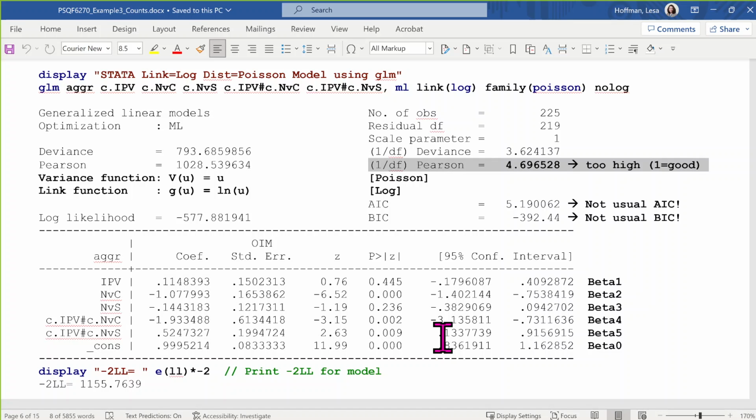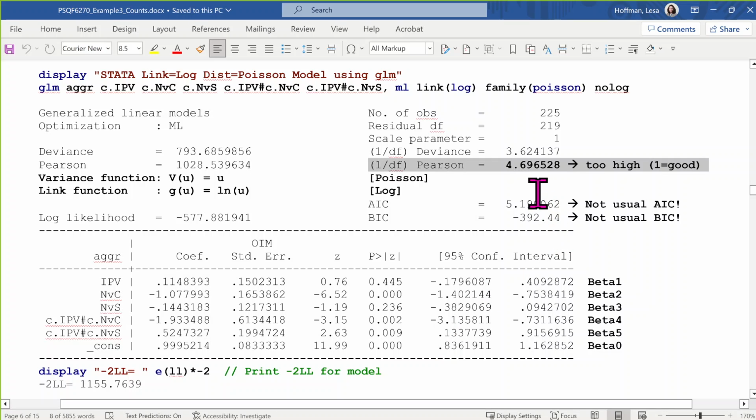So basically it's a ratio of how much variance is in the residuals in the data versus how much variance the model thinks should be there. And in Poisson, it thinks that each predicted mean should have the same amount of variance around it. Like if I have a predicted count of 2, the variance is 2. If I have a count of 3, the variance is 3.